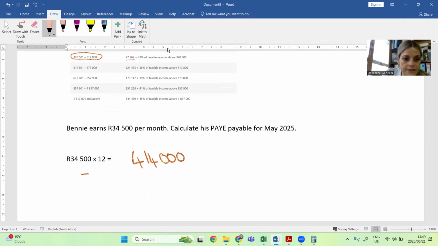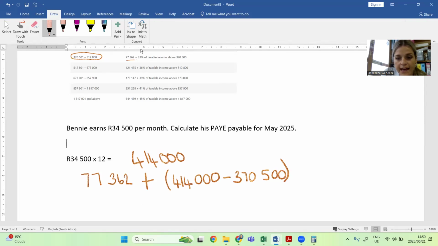But on top of that, you must also pay 31% of your income that is above the amount of 370,500 Rand. So if you are earning 414,000 Rand, you must find the difference between that and the 370,500 Rand of that bracket, because anything above that, you are paying an additional 31% on.